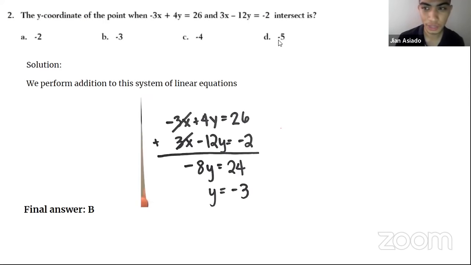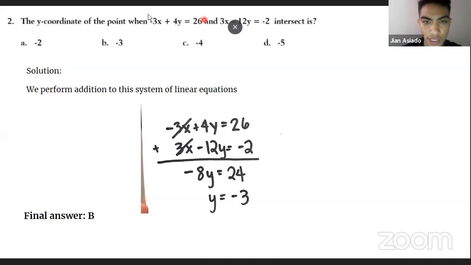Now, number 2: the y coordinate of the point where this equation and this equation intersect. How do we get that?